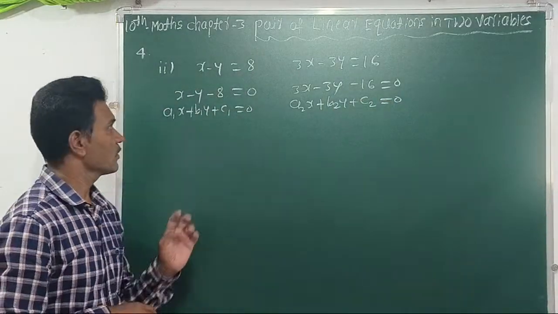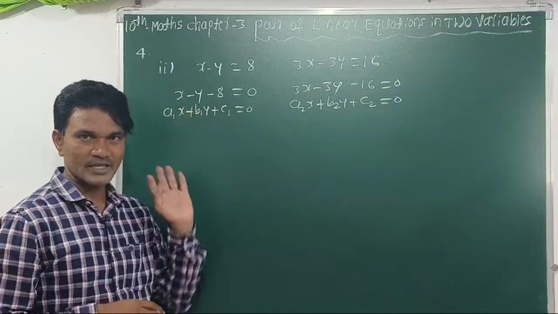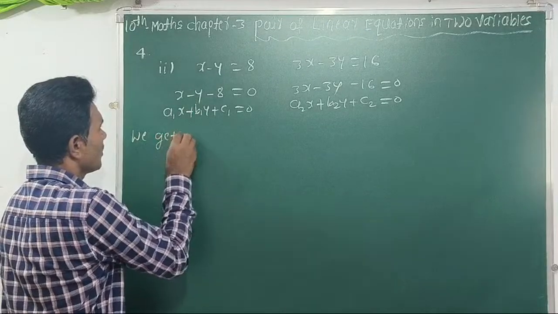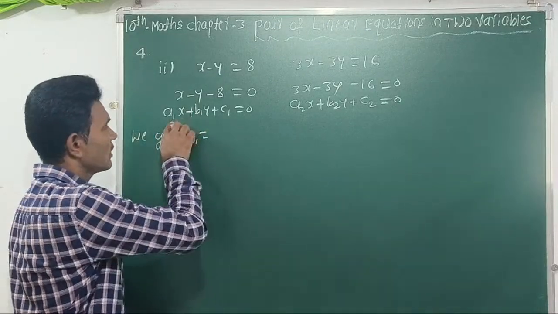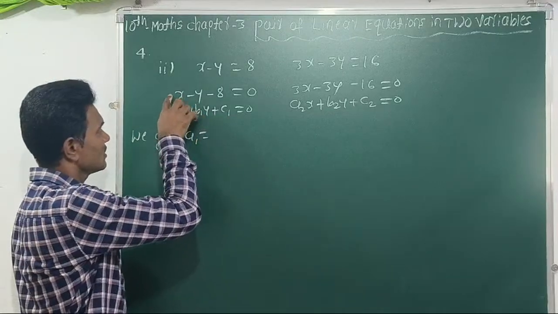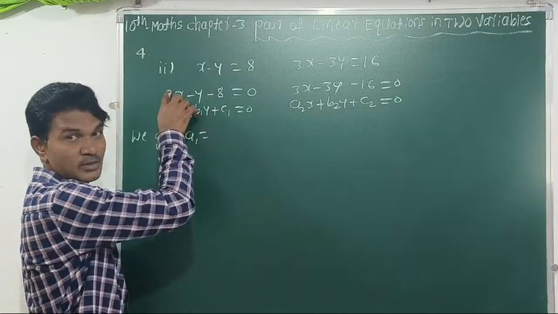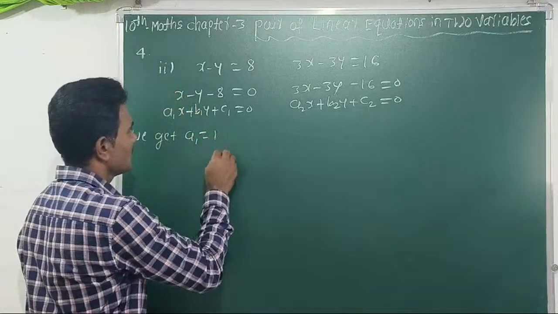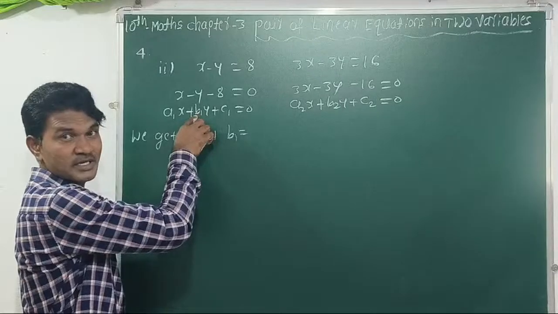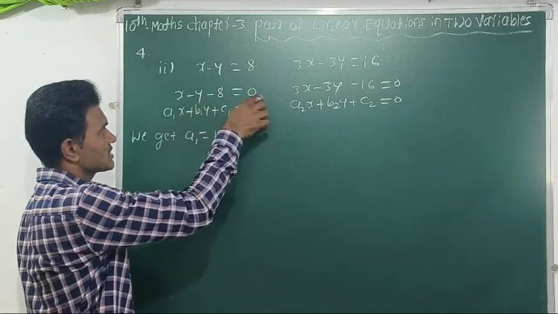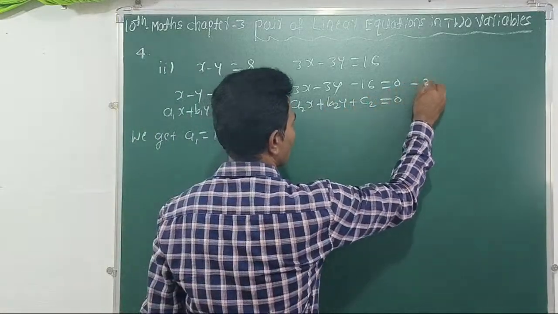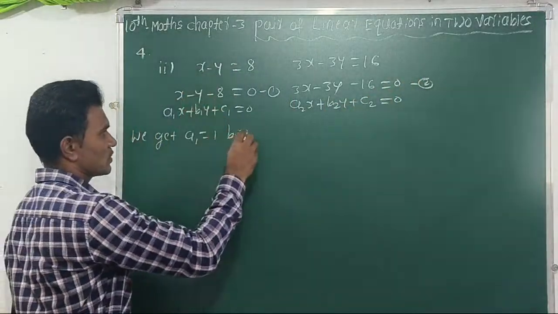On comparing with the standard form of linear equation, we get a1, which means the x coefficient of the first equation. Here there is no coefficient, that means that is 1. b1 means the y coefficient of the first equation, that is minus 1.